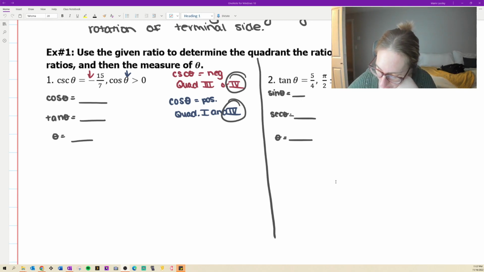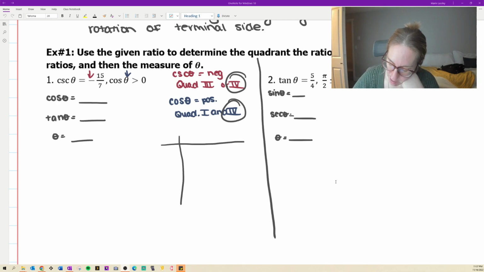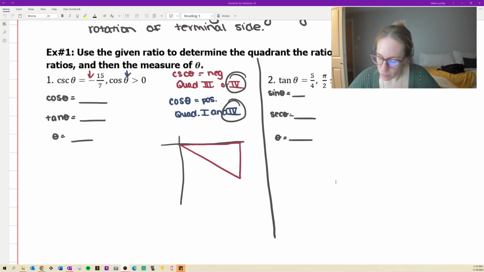So I'm going to go ahead and sketch my triangle. All right, and here I am in the 4th quadrant. Here is my reference angle. I'm not going to use theta because this is not really theta. This is just our reference angle.